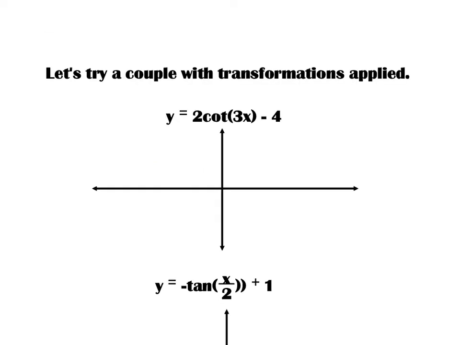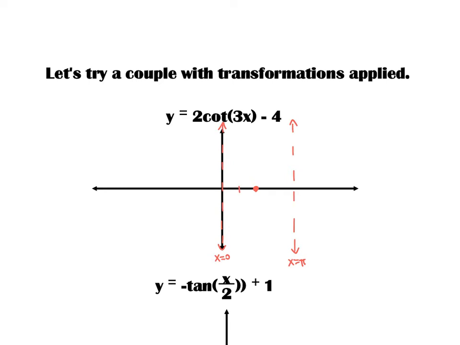I'm going to graph the parent function cotangent of x, and then we'll make some adjustments on it. So let's sketch cotangent of x. I'm going to do just one period here from 0 to pi. Recall that cotangent had a vertical asymptote at x equals 0, and another at x equals pi. It was 0 at x equals pi over 2.